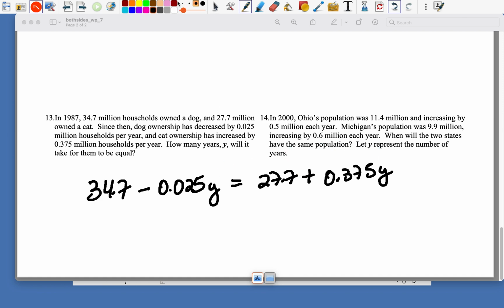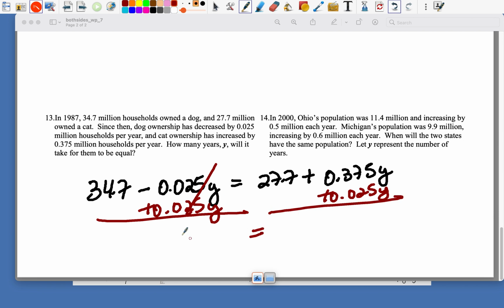Well, let's add this to both sides to get rid of that. That goes away. We got 34.7, and then here we got 27.7 plus, what is this, 0.3y.